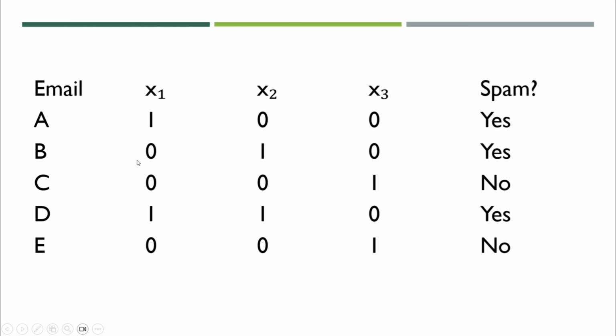B: x1, x2, x3 equal to 0, 1, 0. It is spam. And C having x1, x2 as 0, but x3 as 1. So it is not spam. And D: x1, x2 are 1, but x3 is 0. So it is spam. While E: x1, x2 both are 0 and x3 is 1, and it is not spam.